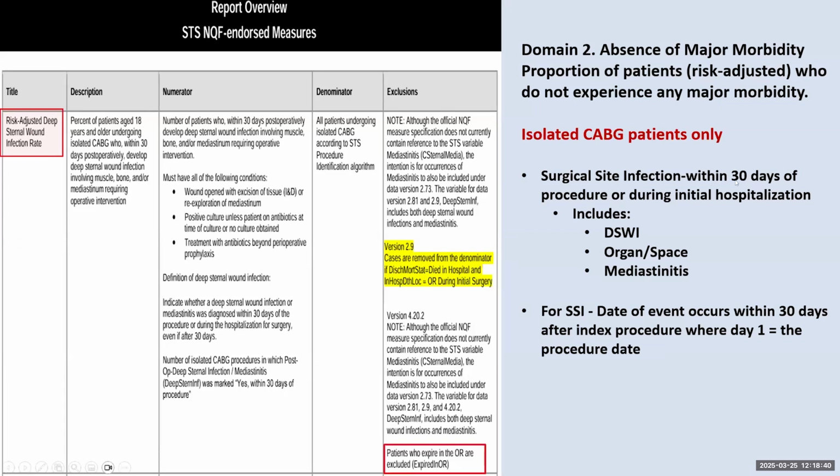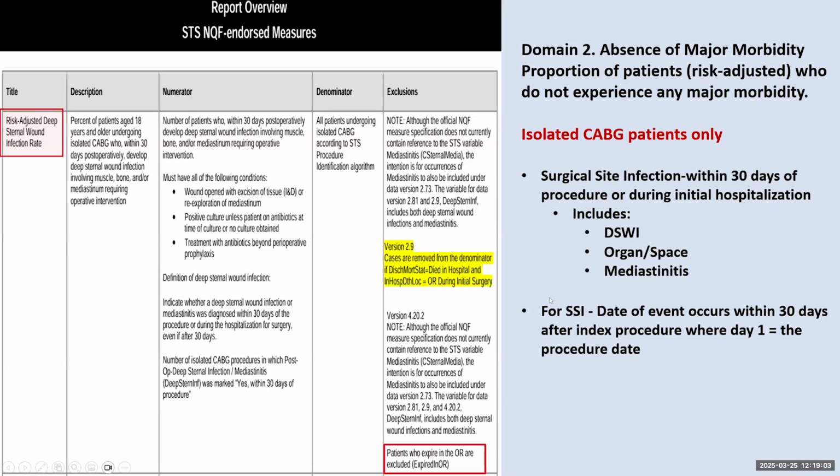It's an infection within 30 days of the procedure or during the initial hospitalization. So if the patient goes home and within 30 days they have a deep sternal wound, they're included. If the patient is in the hospital 60 days and gets a deep sternal wound infection, they're included.